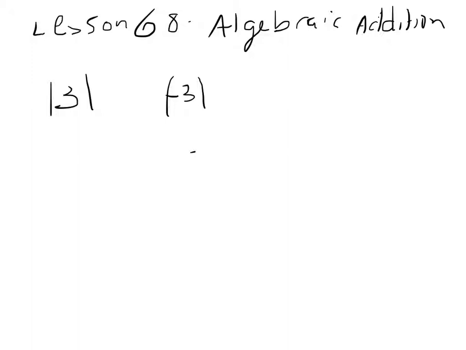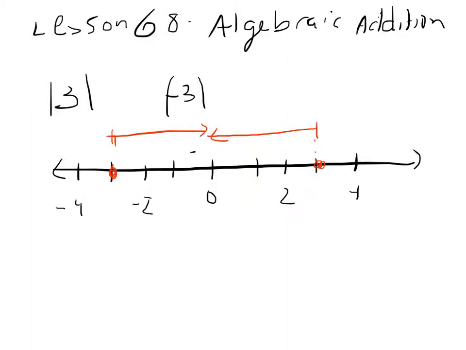So if we create a number line, we can see that they're both 3 places away from 0. And that's why we say positive 3 and negative 3 are the opposite of each other.